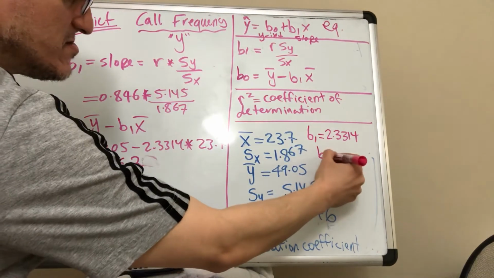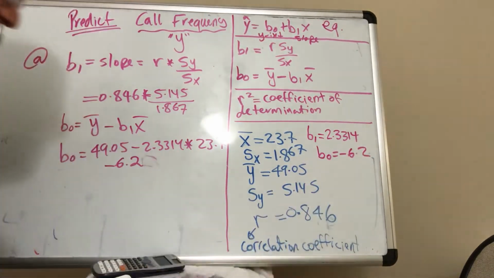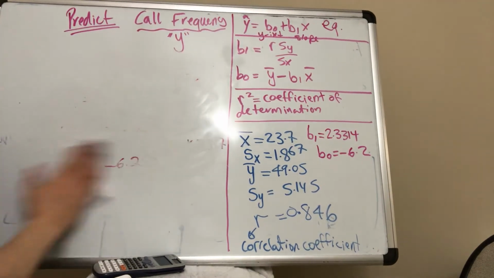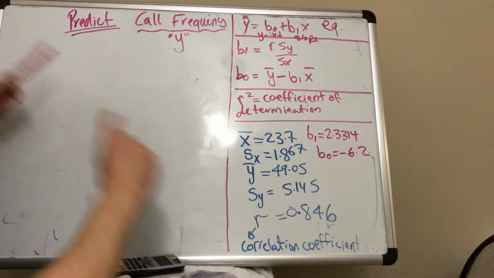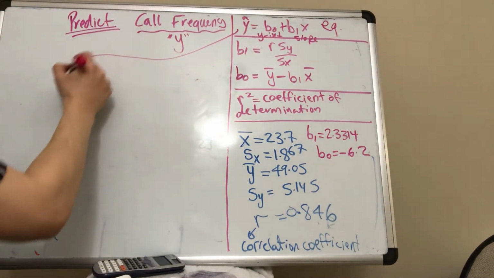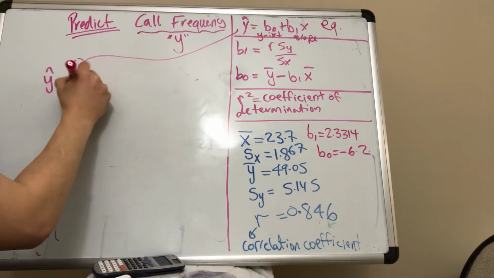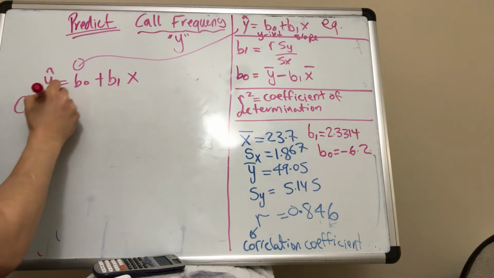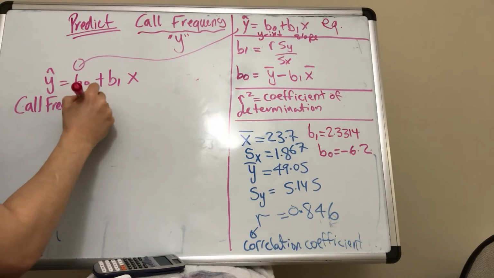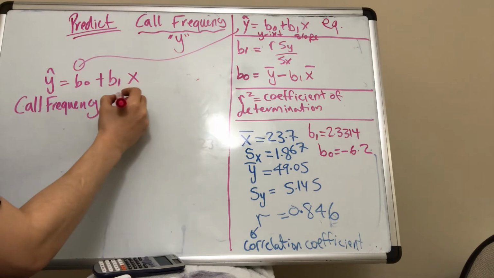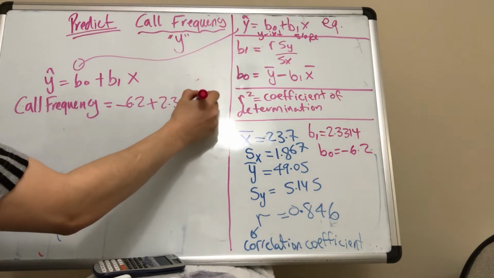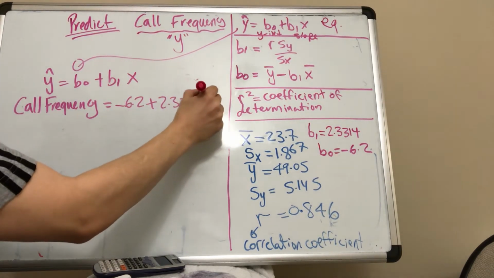So your b0 is negative 6.2. So once you have this, you're ready to put everything together in the equation. So y hat equals b0 plus b1x, but instead of y, you say call frequency equals b0, and that's your y-intercept, which we found to be negative 6.2, plus 2.3314 times your x, and that's temperature.